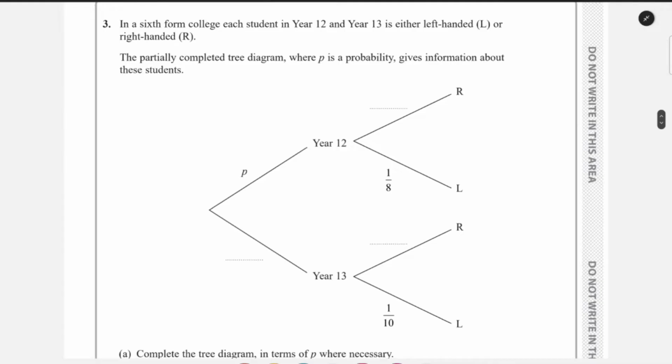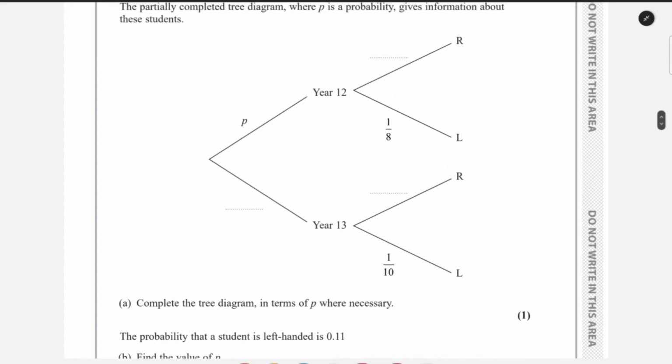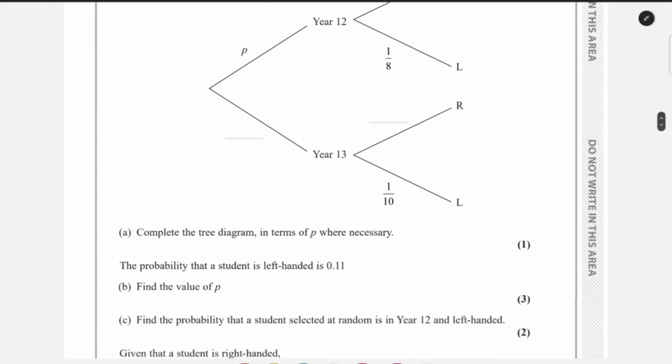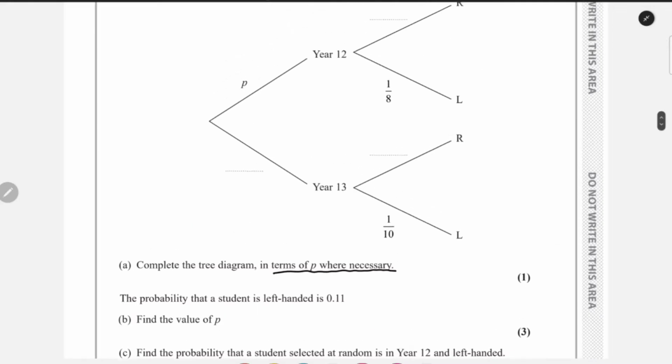Okay, so moving on to the next question, we are given this graph over here, this tree diagram, and we have to fill it. So in part A, we have to complete the tree diagram in terms of P when necessary. When do we need P? In this case, if this probability is P, this and this will add up to 1, because the total probability has to be 1.